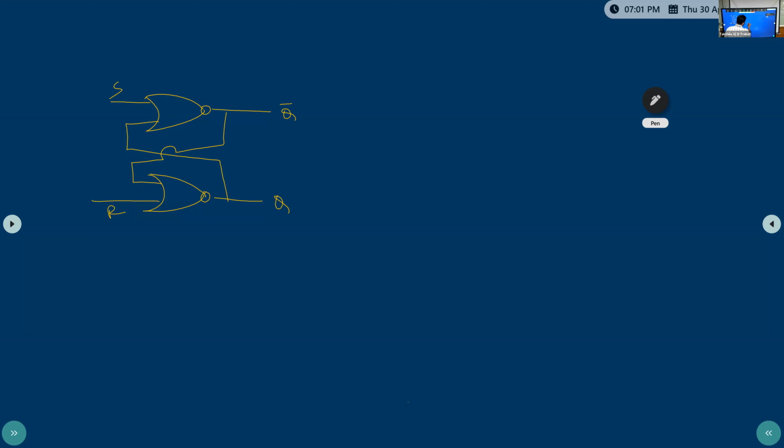So we conclude that we can implement the same truth table by using NAND as well.